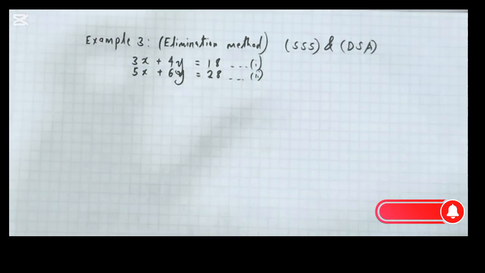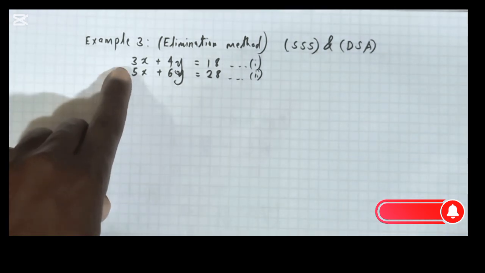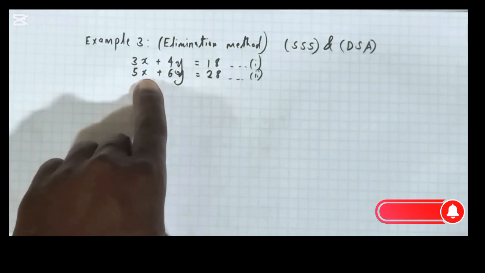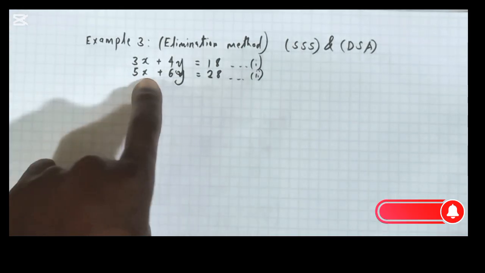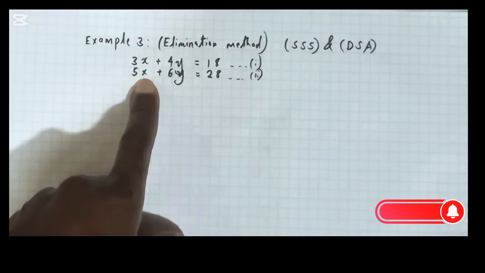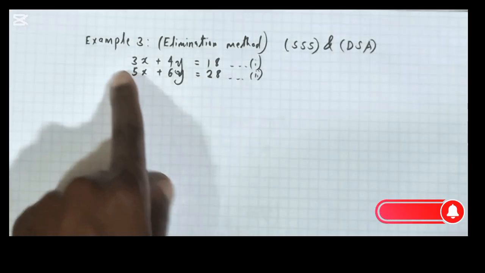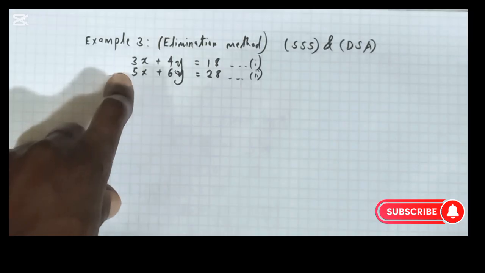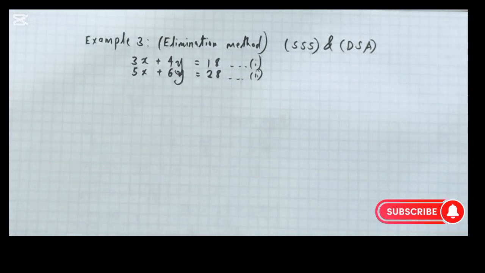Now take notice that when we take 3x minus 5x, we won't get 0. The reason why we are subtracting is so that we eliminate the variable. Because we won't get 0 by subtracting these two coefficients of x directly, we are going to alter the coefficients such that when we subtract them, we get 0.